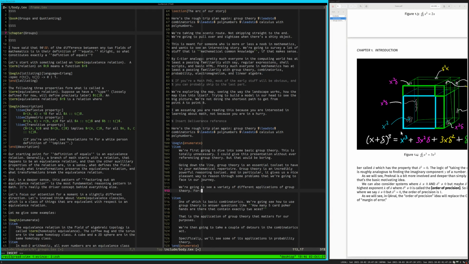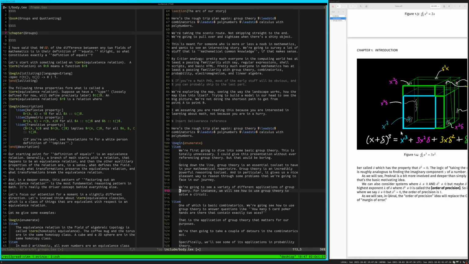For instance, we will use some group theory to solve a circuit.